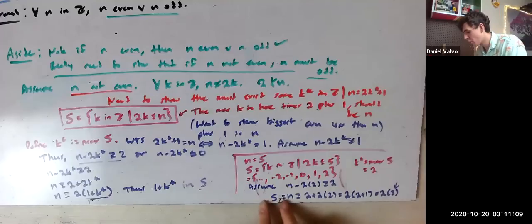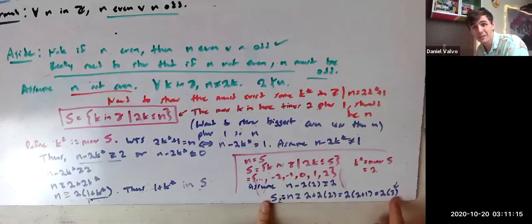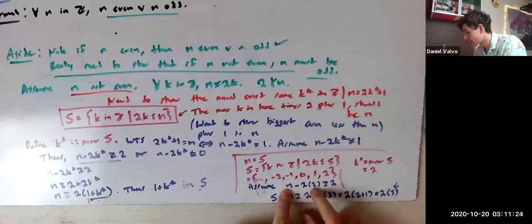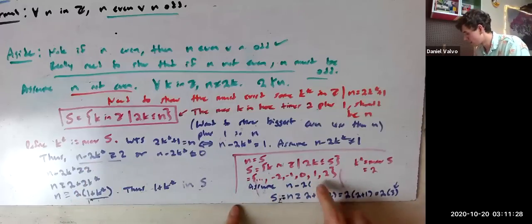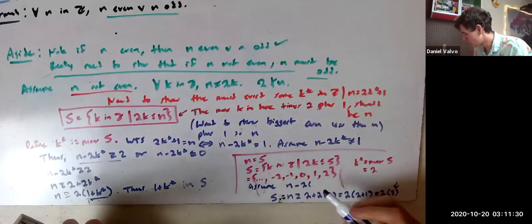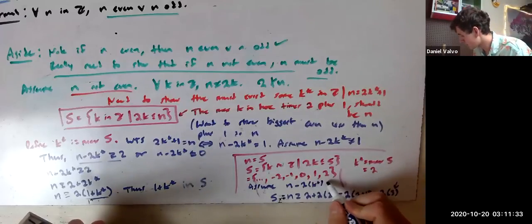So when n's an actual number, we can see, obviously, 5 is not greater than or equal to 6, right? And since 5 is not greater than or equal to 6, this assumption must be wrong. This assumption right here, n minus 2k star is greater than or equal to 2.